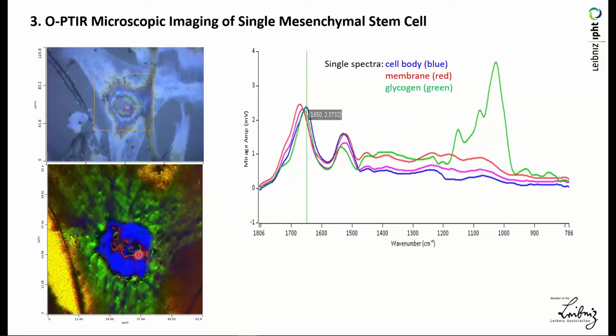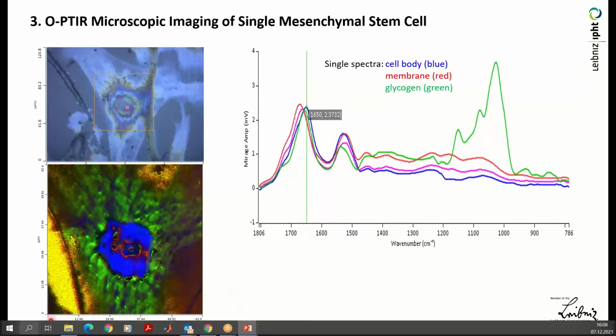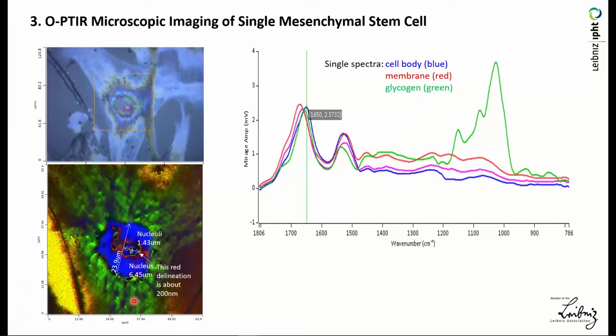Then the cell nucleus is resolved, and even the nucleoli in the center of the cell is evident. And the dimensions are shown here. So the cell body is something like 24 micron. The nucleus something like 6 micron. The nucleoli 1.4 micron. And then the delineation zone, the membrane-like structure, is just something like 200 nanometer.